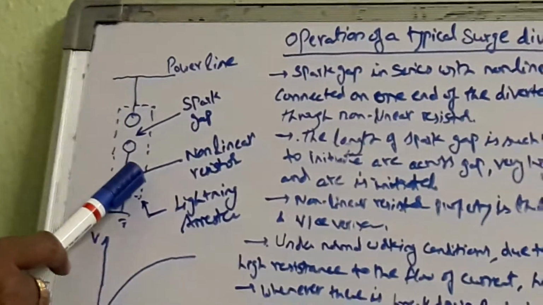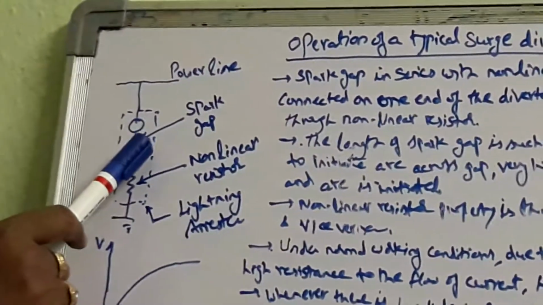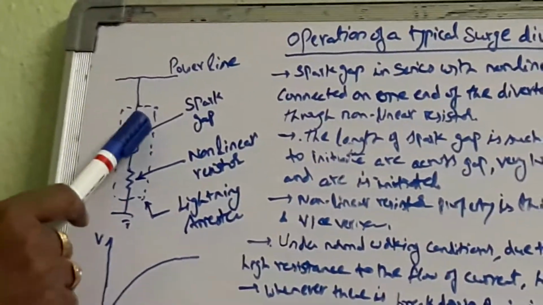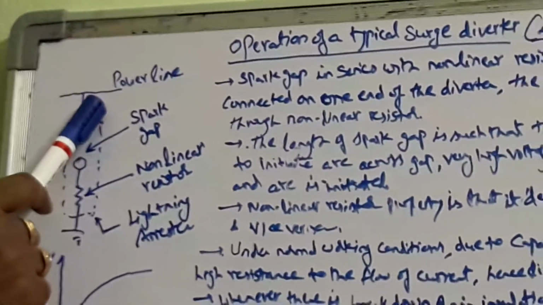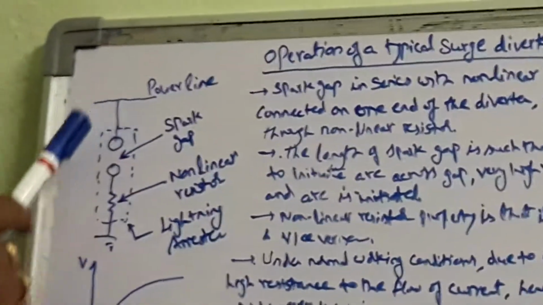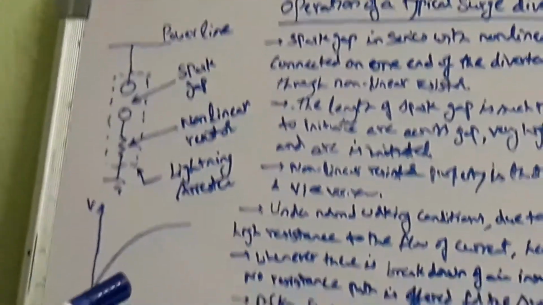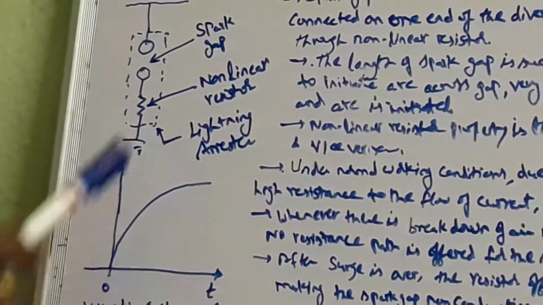Thus the non-linear resistor will offer high resistance to the flow of normal system current, and the spark gap will act as an open circuit for the current of normal system voltage of the power line. This is how the surge diverter or lightning arrestor works.